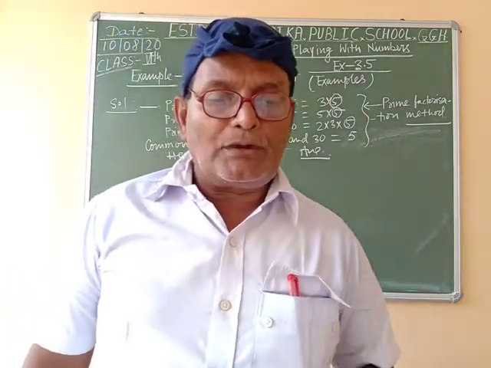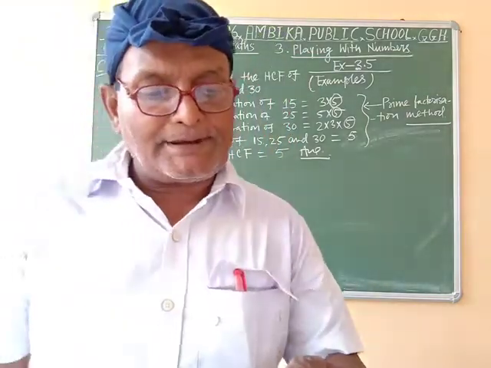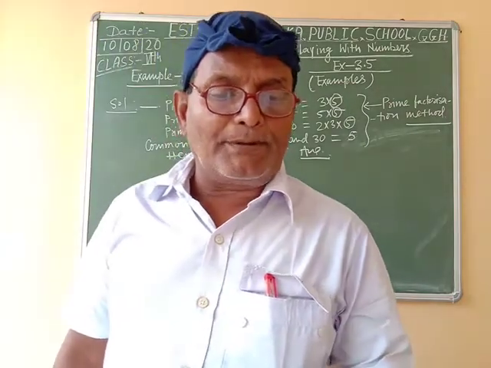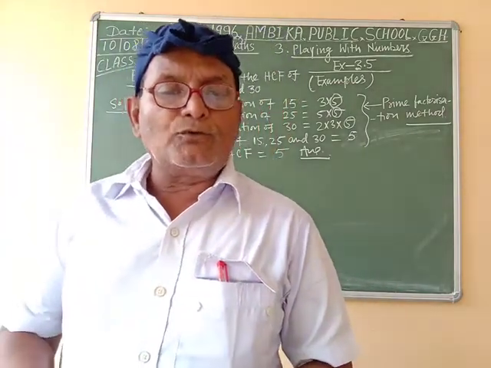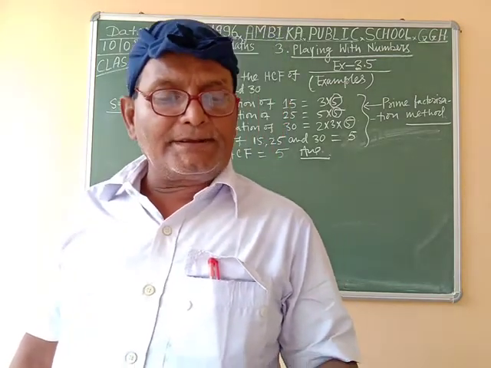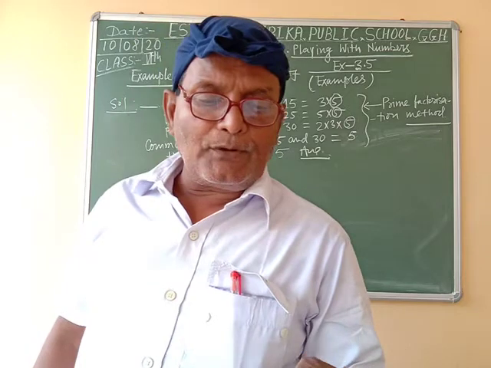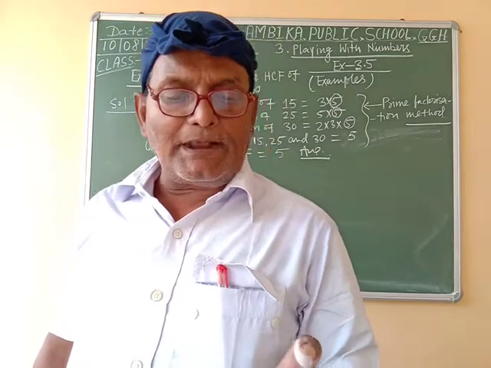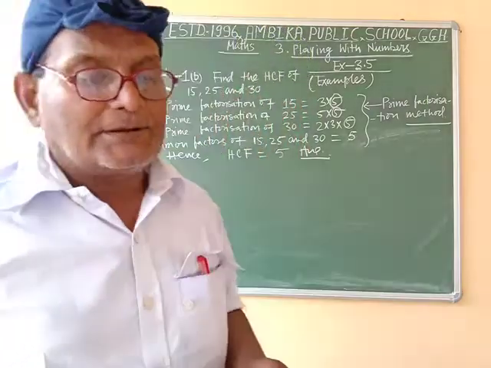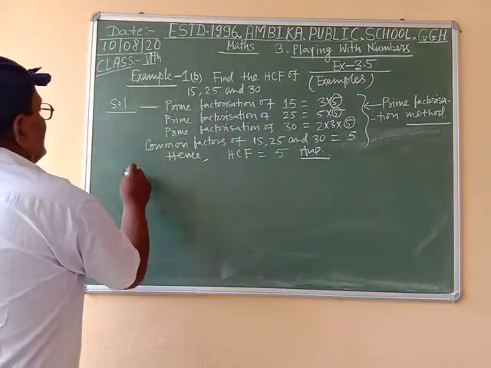So I am going to solve example 6, because in example 5 only two numbers are given. In example 6, find the HCF of 70, 105 and 175 by continued division method. Example 6.